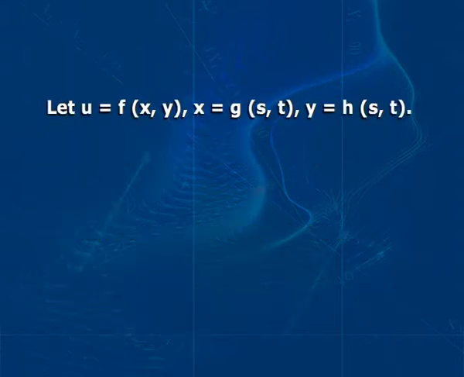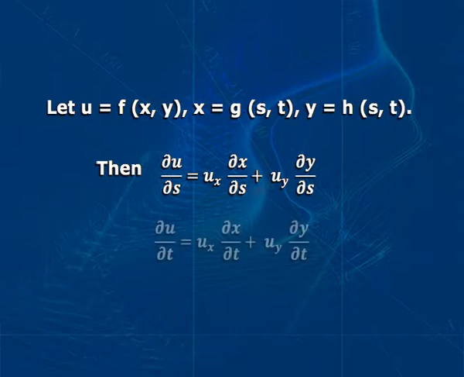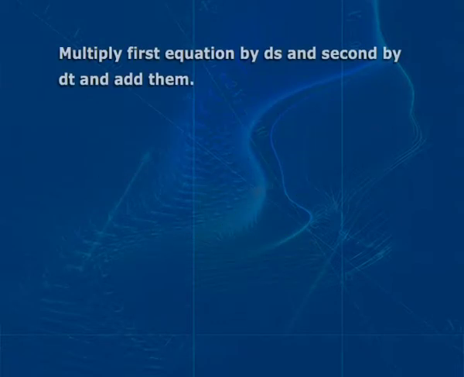Let u is equal to f of x, y, x equal to g of s, t, y equal to h of s, t. Then del u over del s is equal to ux del x over del s plus uy del y over del s. Del u over del t is equal to ux del x over del t plus uy del y over del t. Multiply the first equation by ds and the second by dt and add them.